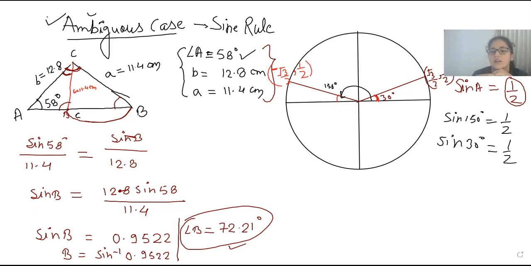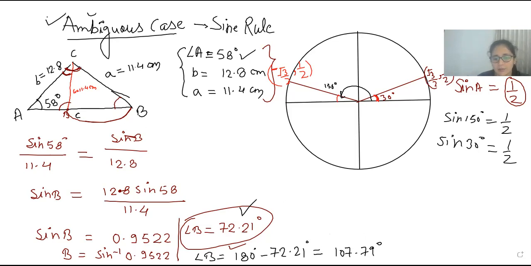1/2. That means angle B can be equal to 180 degrees minus 72.21, which is equal to 107.79 degrees. So there are two cases: when angle B is equal to 72.21, which is here, the value of C will be different.